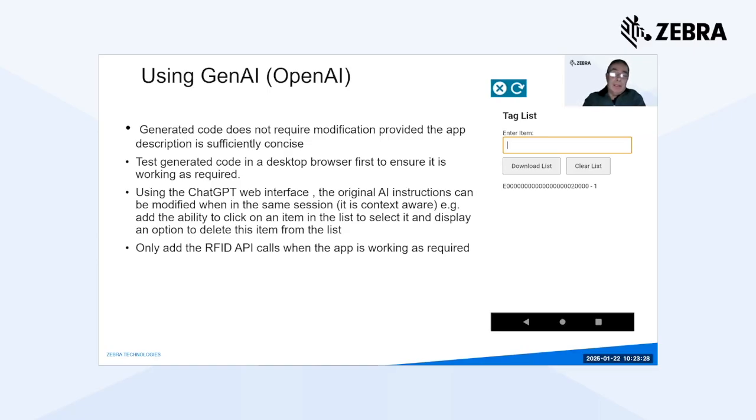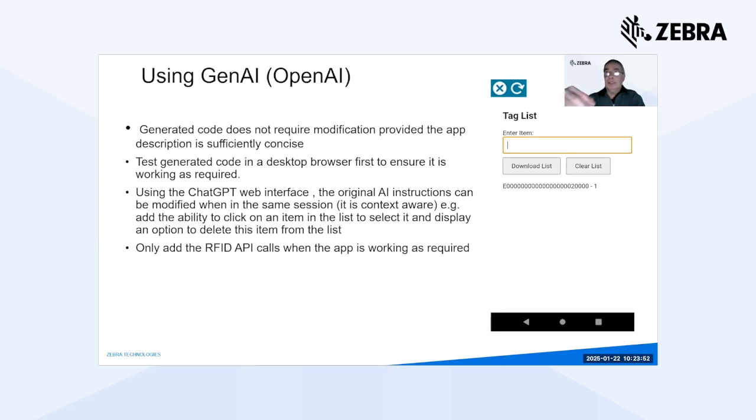And it does that pretty well, as you'll see. The main requirement really is that you have to have quite a concise definition of the application that you pass to the API in order to get some usable results. So the more concise the definition, the less variability you'll get in the generated code.